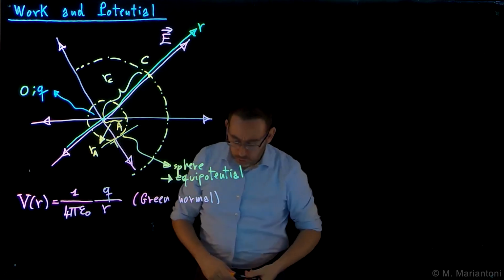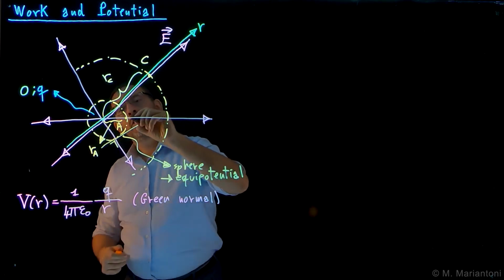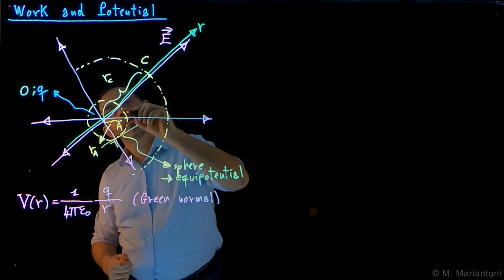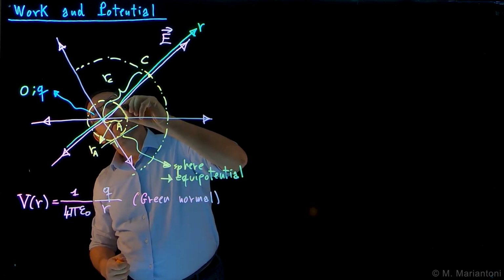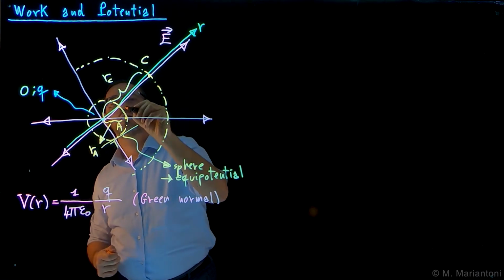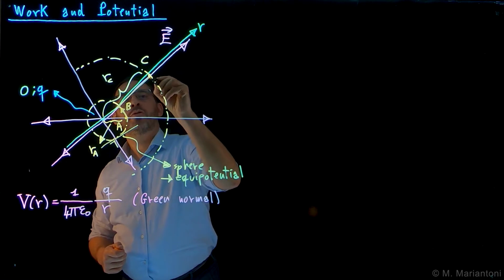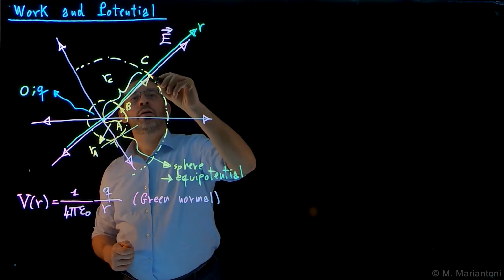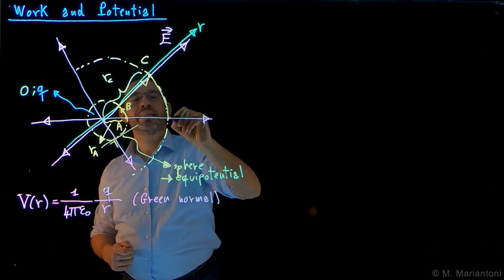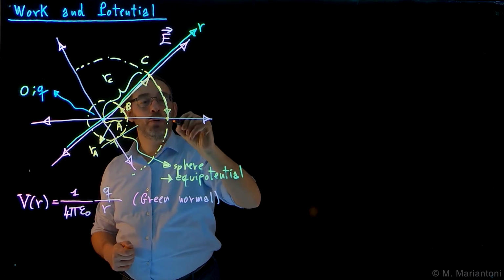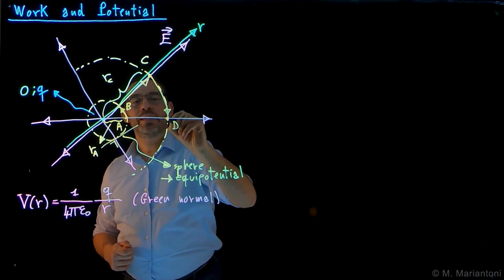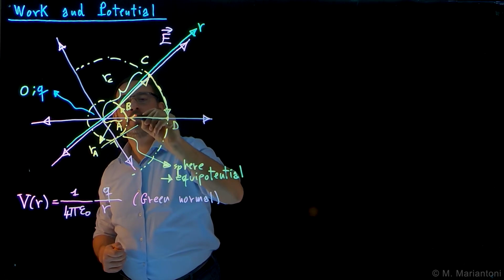So suppose now to consider a closed line gamma, which goes from point A to point B here, in this direction, from point B to point C in this direction, from point C over the arc in this direction to point D, and from point D back to A in this direction.